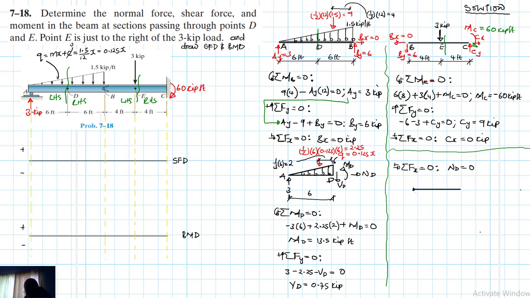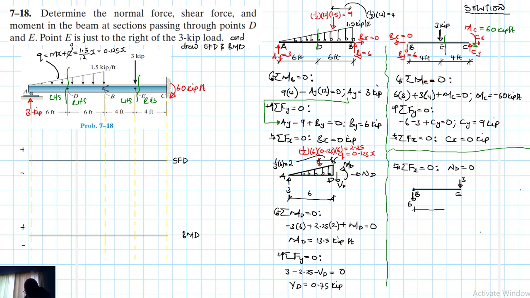So this point here is my B, and then this point here is my E. Since I'm using the left hand section, this loading will be included, which is 3 kips. Then here I have another internal force at this support, at this joint, a pin joint.